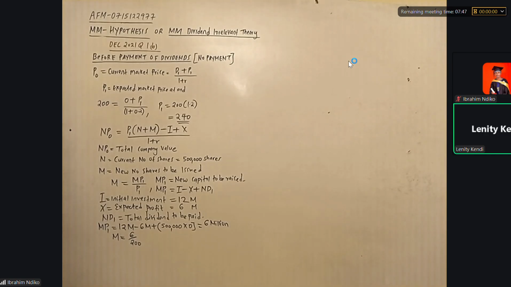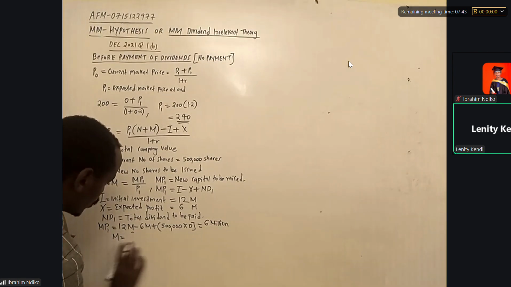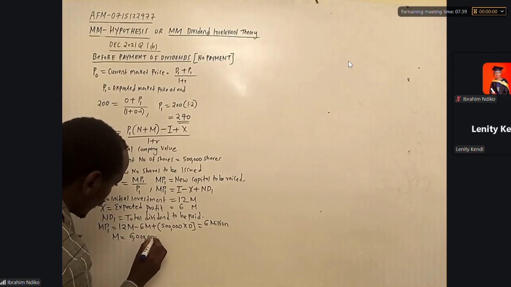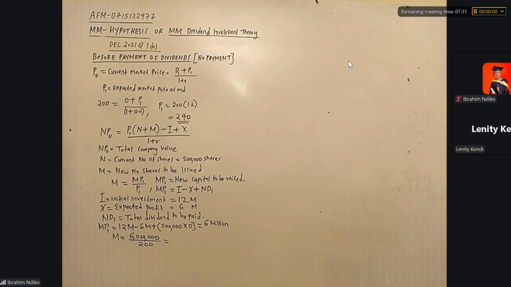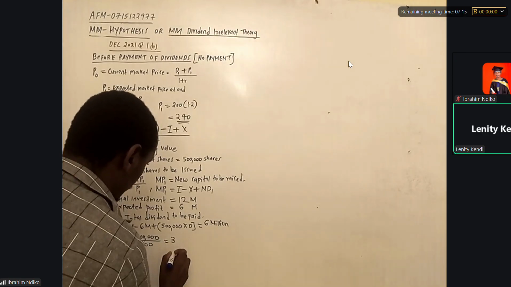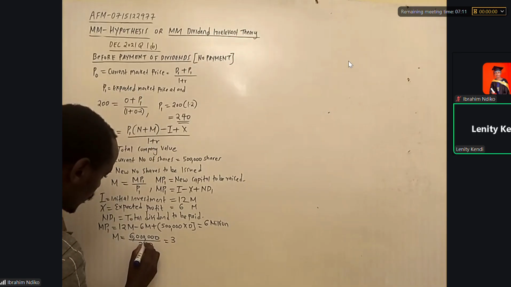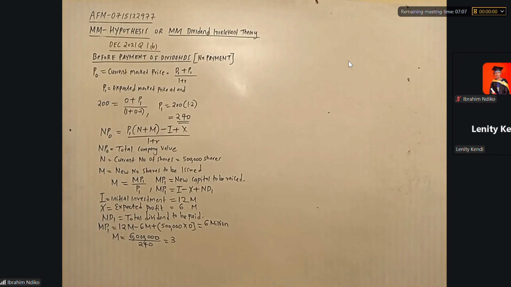In full, 6 million divided by 200 gives 30,000. But I think our P1 was 240, so 6 million divided by 240 is 25,000. So we have finished. Any question?